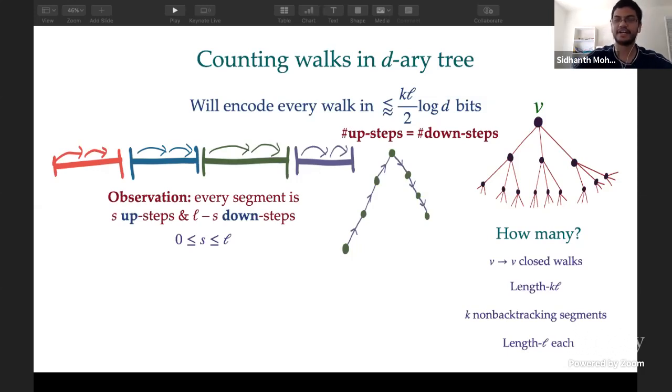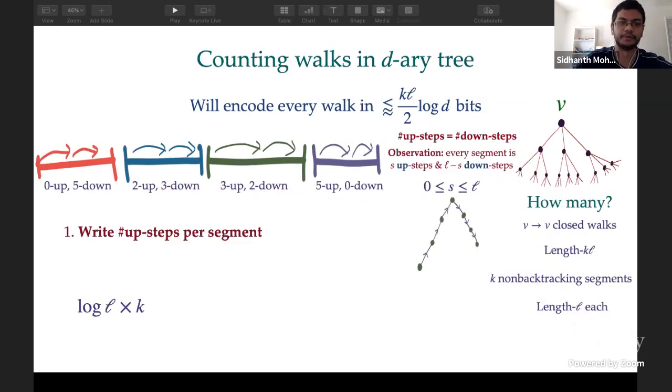And the reason for this kind of structure is if I take a down step, the only moves I can make in non-backtracking fashion are also down steps. So this actually really constrains what a segment can look like. And this is going to inform the following way to actually encode a walk.